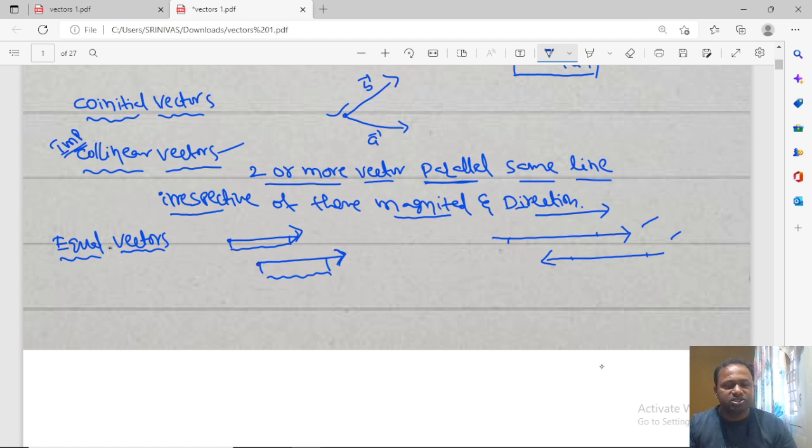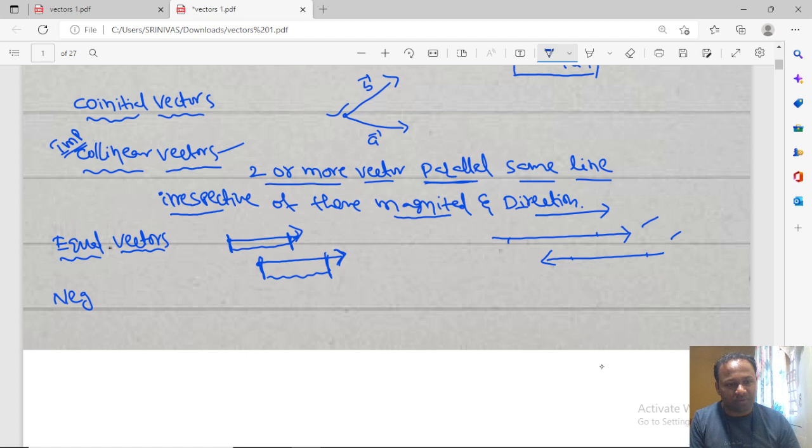The initial position may be whatever, but the direction should be the same, as well as the magnitude, the length, should be the same.